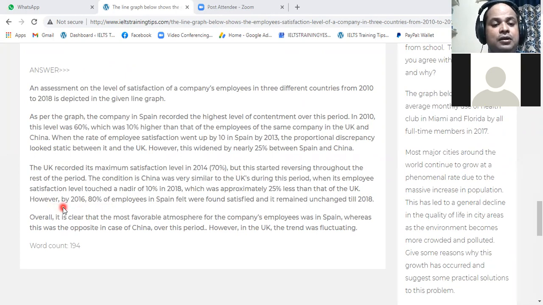However, when its employee satisfaction level touched a nadir of 10 percentage in 2018, which was approximately 25 percentage less than that of the UK.